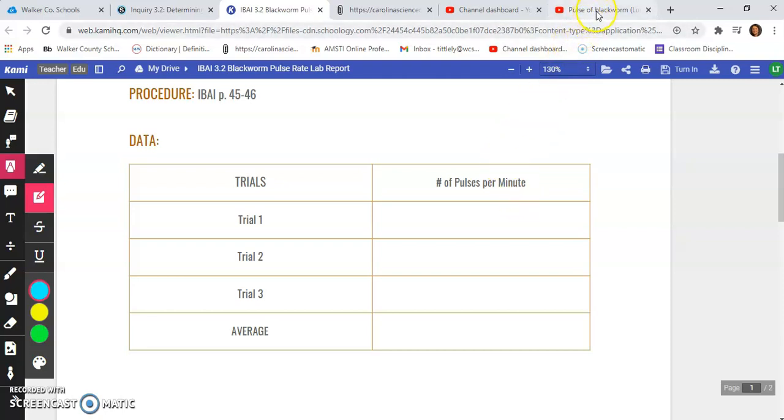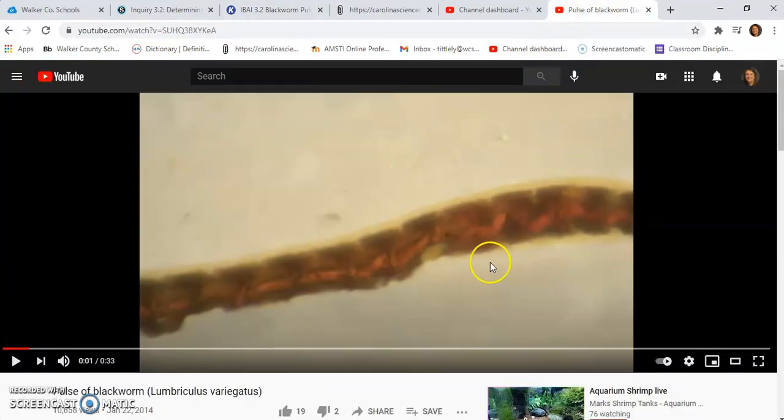So let me switch over to the video of the blackworm's pulse rate, and this time around I'm going to mute the volume and show you how we're going to keep our variables as controlled as possible. Okay, I'm going to hit play and just let you look and see.